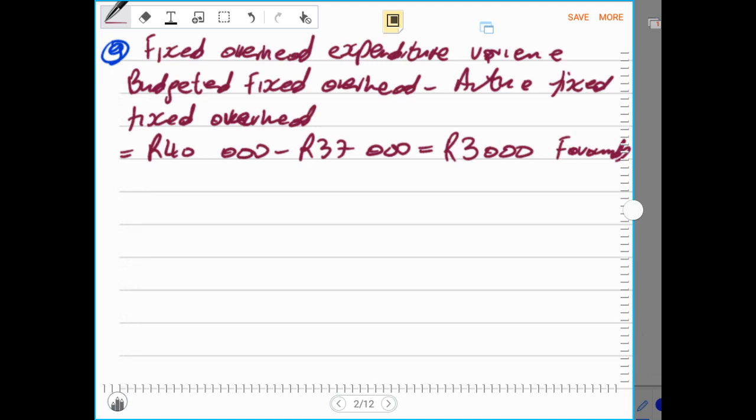Then we go to the next variance, which is still within our fixed overhead variance, and that will be the last variance before we do the sub 2 variance. That variance is standard hours of labor minus the budgeted hours of labor, and they call it the fixed overhead volume variance, GH.